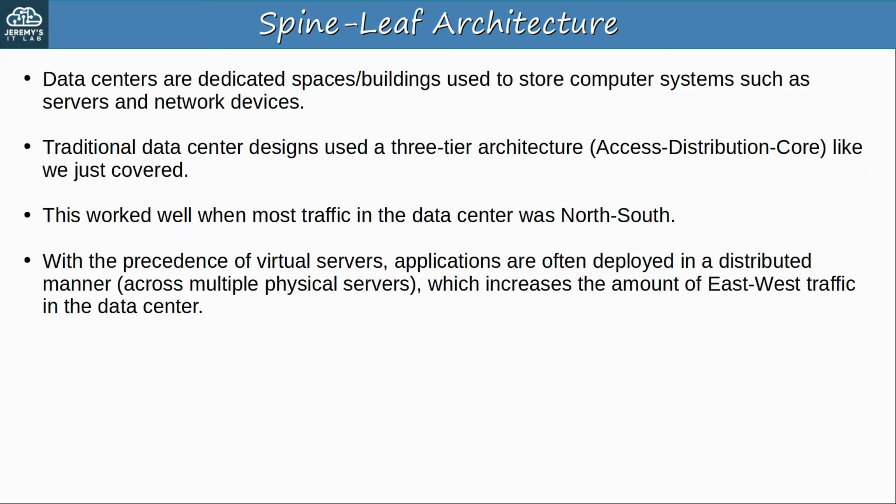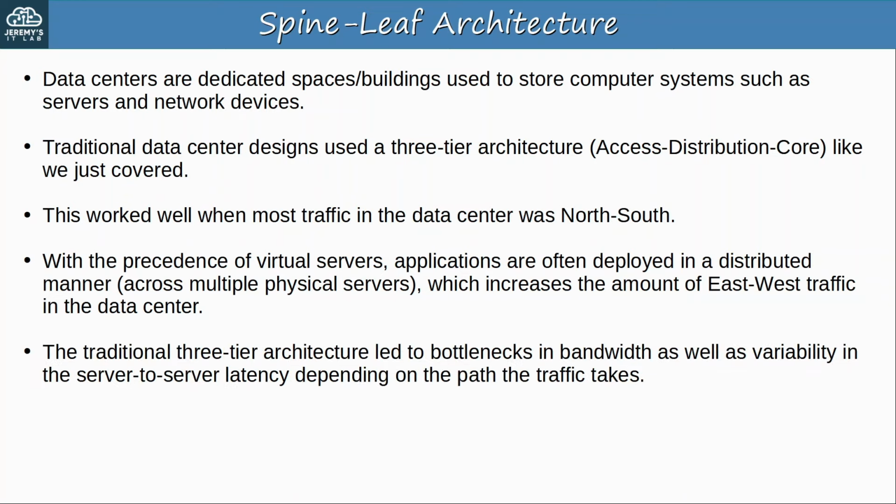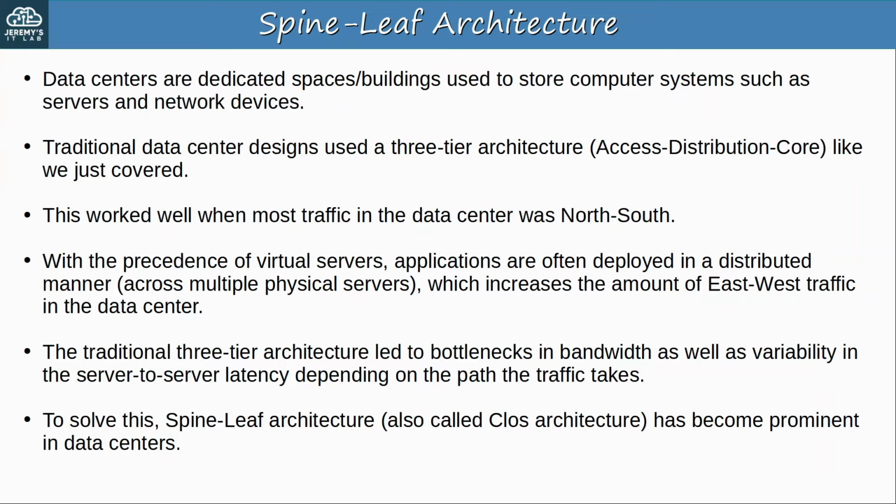Anyway, the point is that with this increase in east-west traffic, the traditional three-tier architecture led to bottlenecks in bandwidth, as well as variability in the server-to-server latency, depending on the path the traffic takes. To solve this, spine leaf architecture, also called CLOS architecture after the name of one of the designers, has become prominent in data centers.